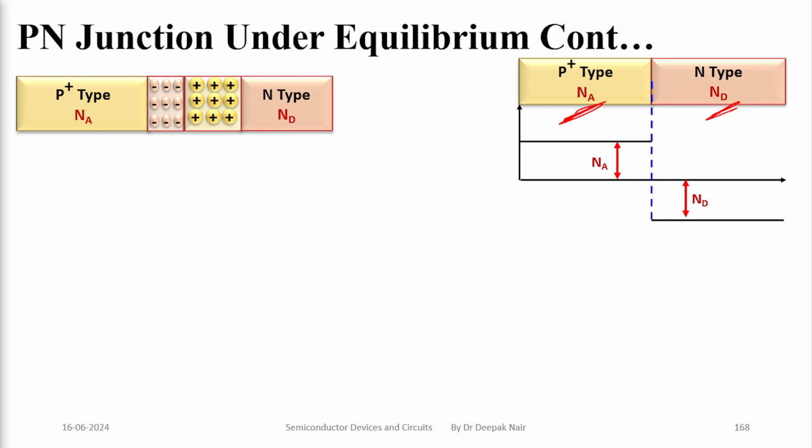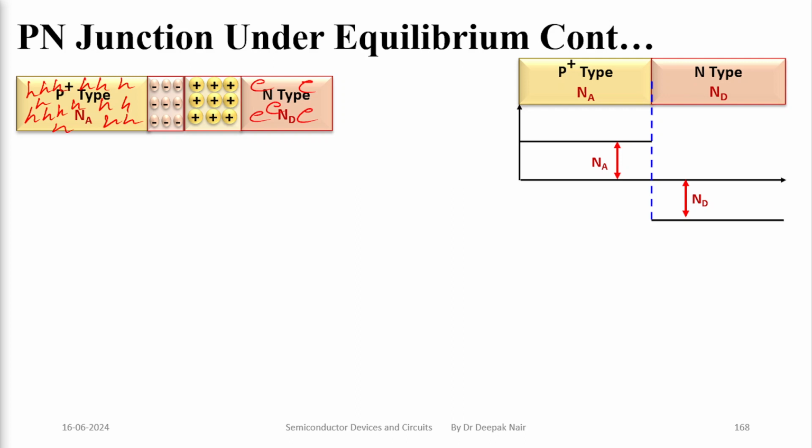So we know that in the case of P-type material, we have majority holes, represented here by H, and in the case of N-type material we have electrons. Remember, the doping is much higher in the P-type semiconductor, therefore I have densely packed the holes in the P-type material and lightly packed the electrons in the N-type material.